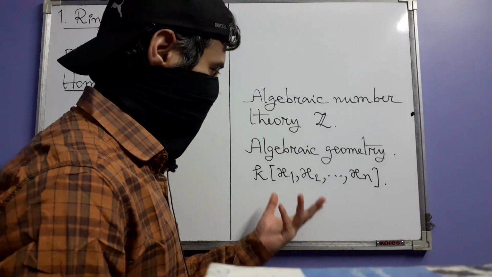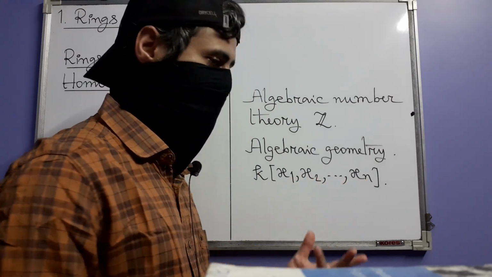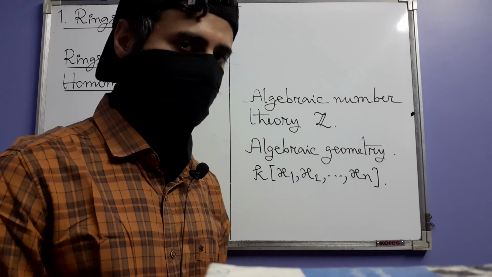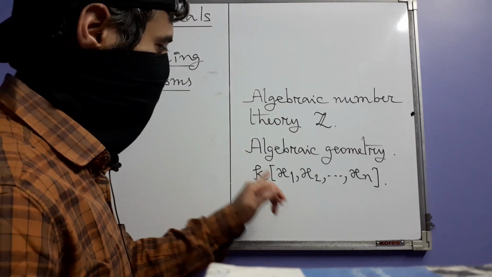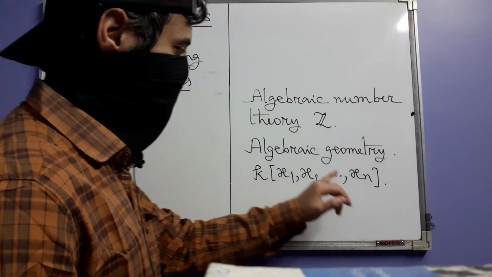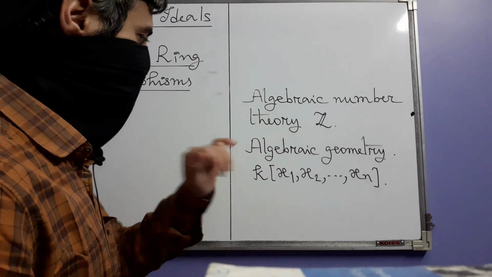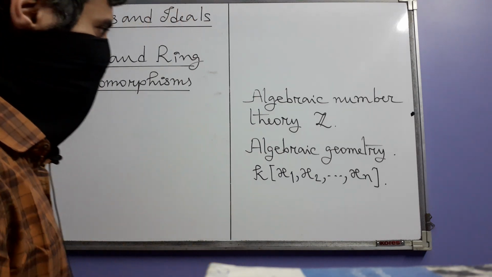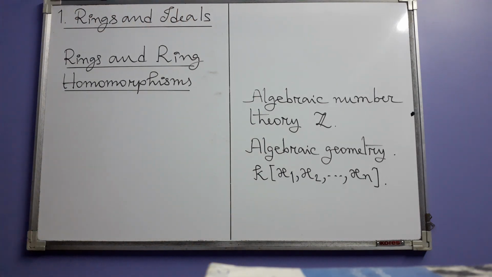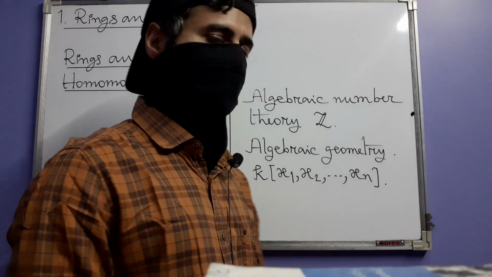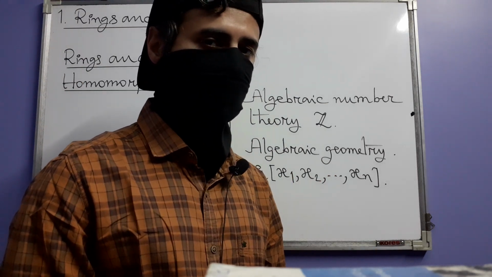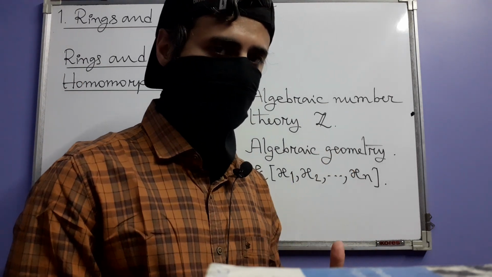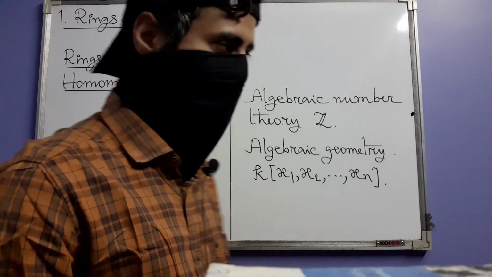So you already know what the objects in this type of rings are. They are polynomials in these indeterminates and the coefficients are coming from the field K. Alright. So that's what commutative algebra is all about. It's mainly a study of commutative rings.